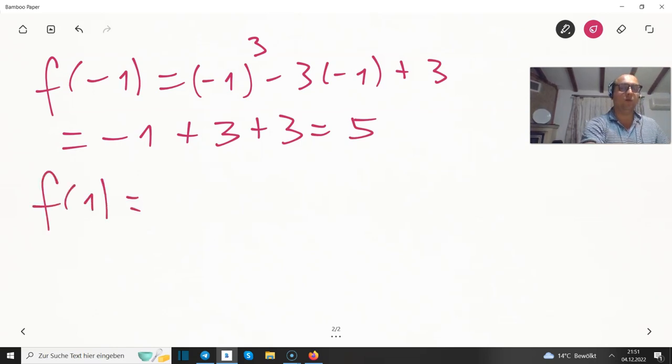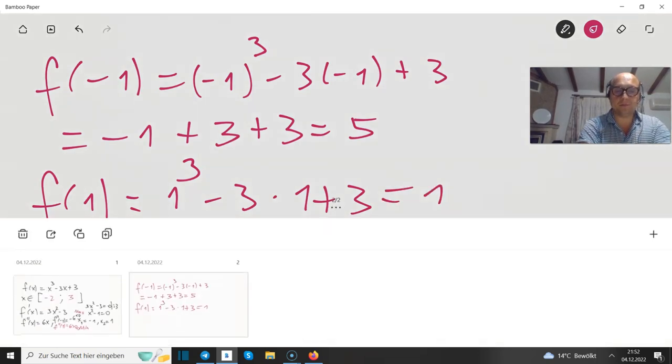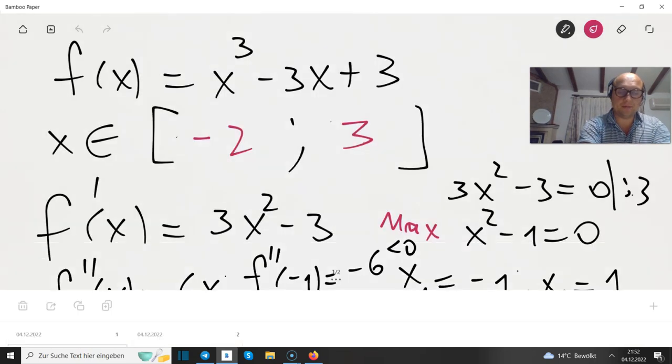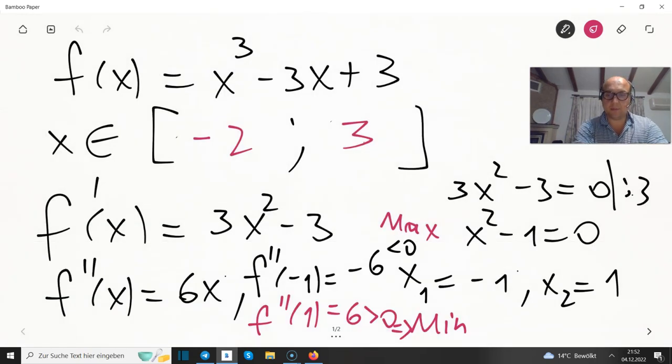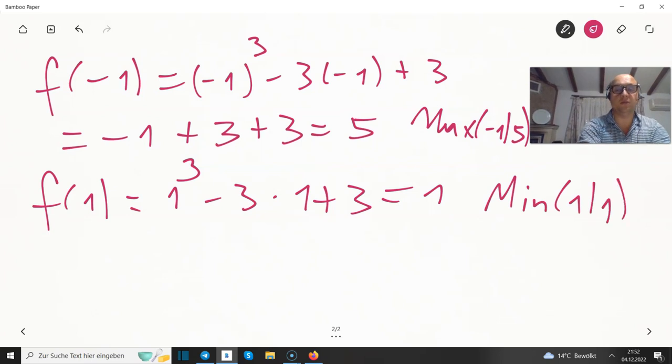That would be 1 cubed minus 3 times 1 plus 3, so that would be 1. So what do we have? We have a max at minus 1, which is this value, so max is at minus 1, 5, and min is at 1, 1. So far so good.